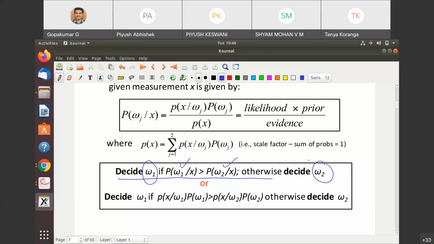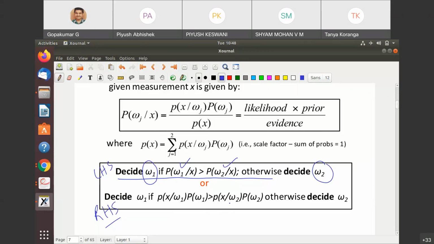This is using the LHS of the Bayes rule, but we can use the RHS of the rule also. We are assuming that the evidence is common, because the probability of X is common whether it is W1 or W2 while making a decision.